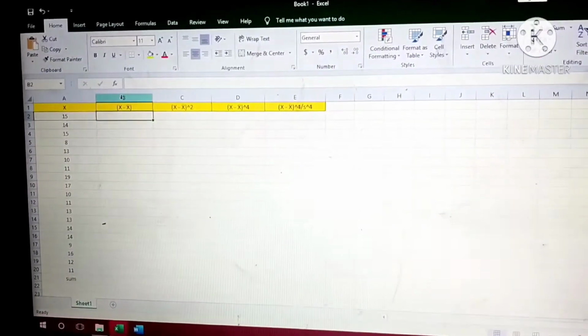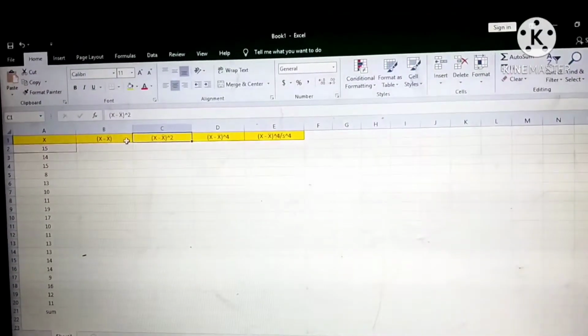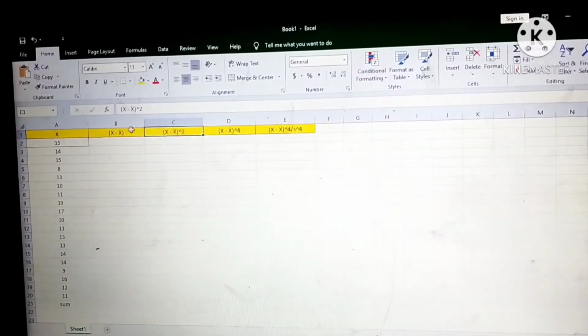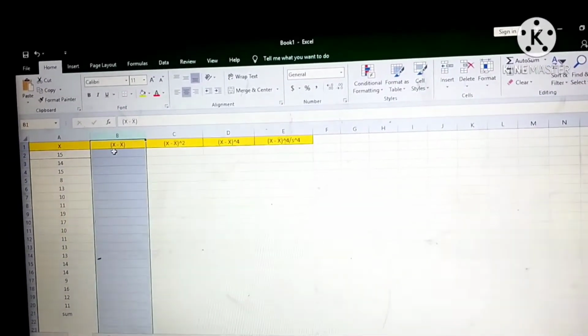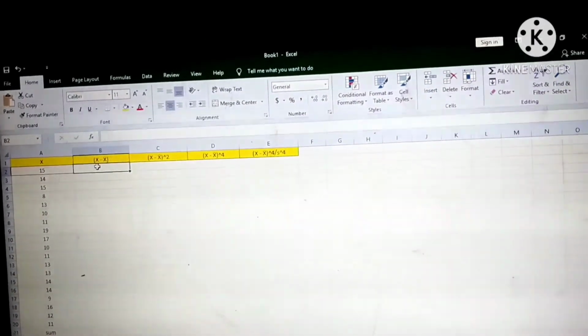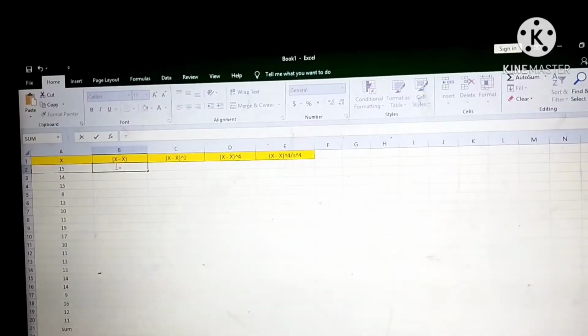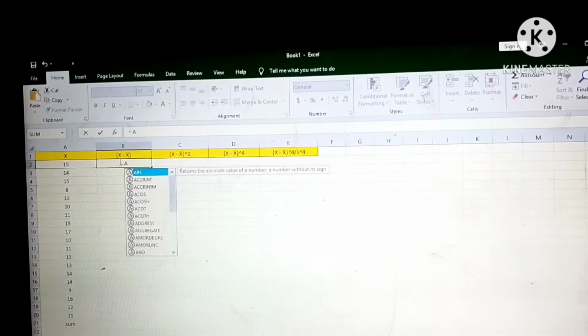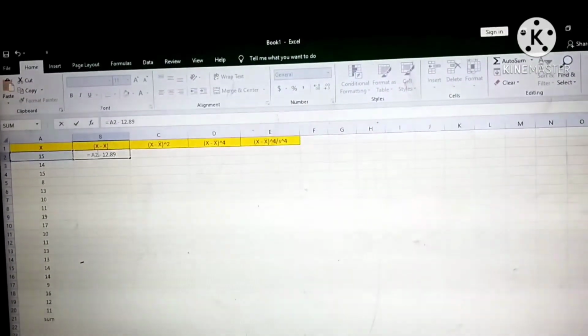Since we already found the value of the mean, which is 12.89, we can now find the value for X minus mean. Using Excel, we just need to input a formula, which is equals A2 minus 12.89.